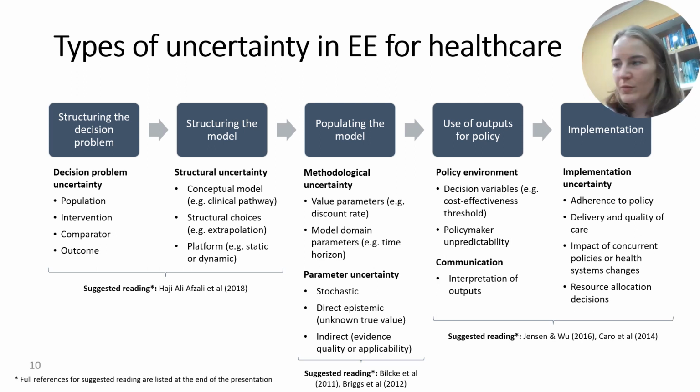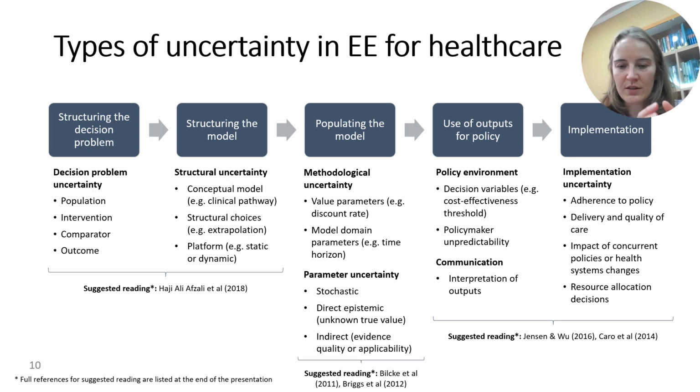So this may be, for example, are the clinicians actually going to follow the recommendation that is made? It could be in terms of the quality of care that's provided. Maybe that's not reflective of what actually happened in the model. But it can also be issues such as if you have a new intervention, you've modeled it against the comparator, it's very cost effective, but it also has a very high budget impact.